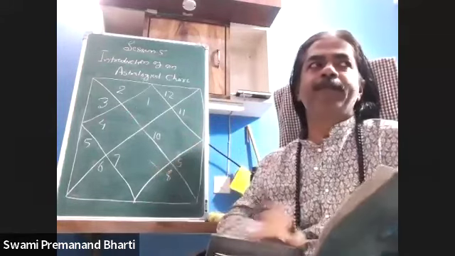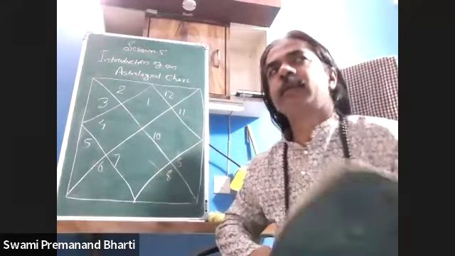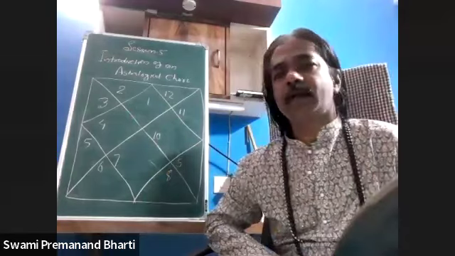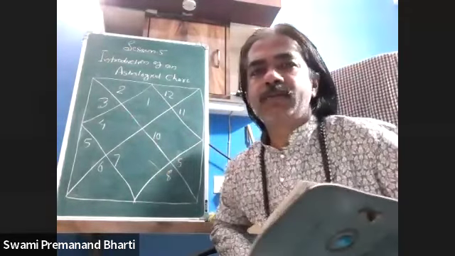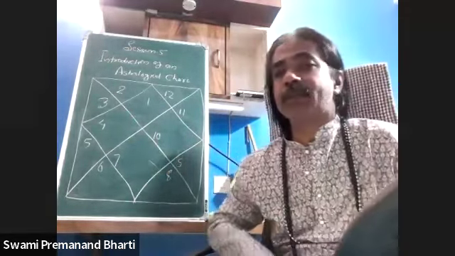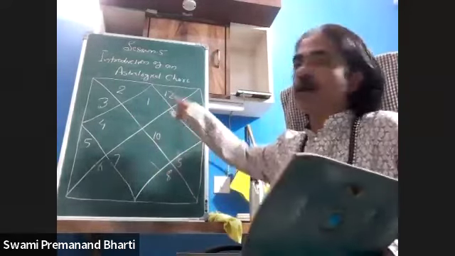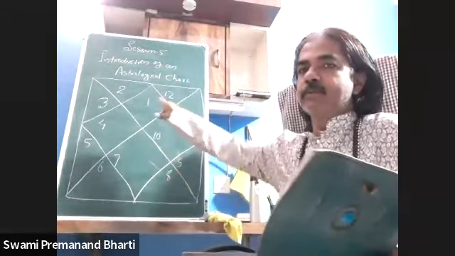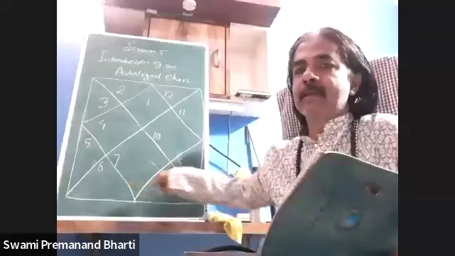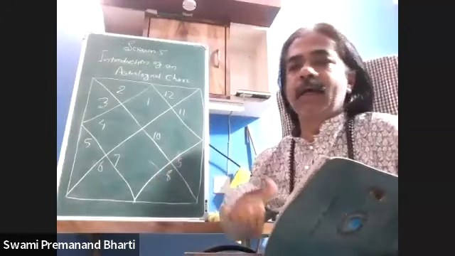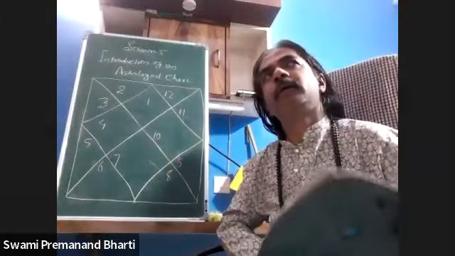This is the basic North Indian chart, but there are South Indian charts also, which are square shaped. This is called diamond shape, as we can see, the houses are like diamonds.